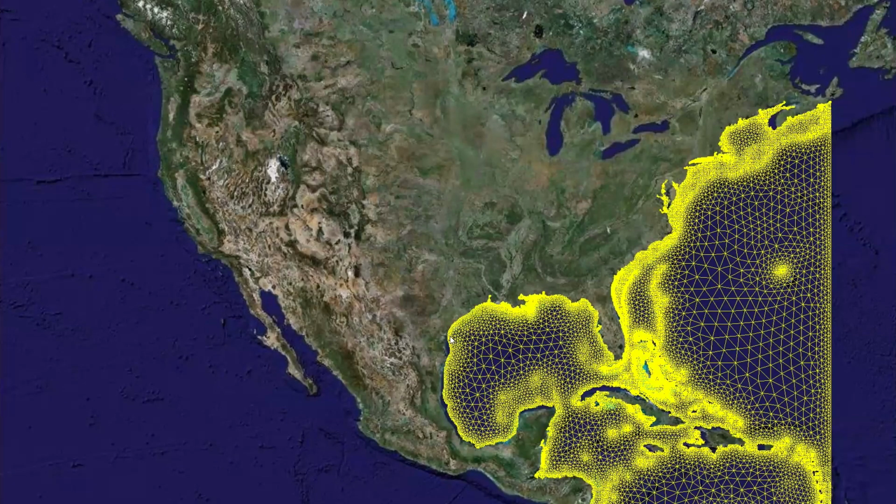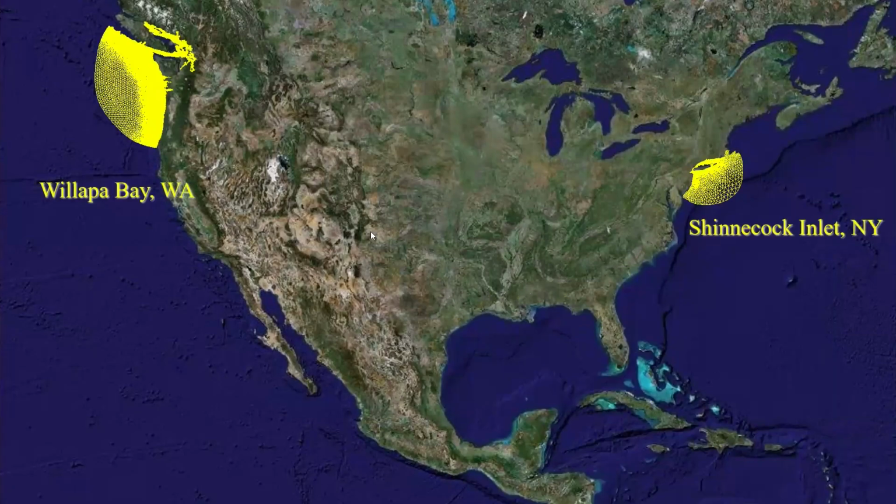Because if you can't get those right, then you don't really have any hope of doing more complicated problems like storm surge, for example. So this is a large region in the Western North Atlantic, and then two smaller regional studies, one on the East Coast, off the coast of New York, and one off the state of Washington on the West Coast.